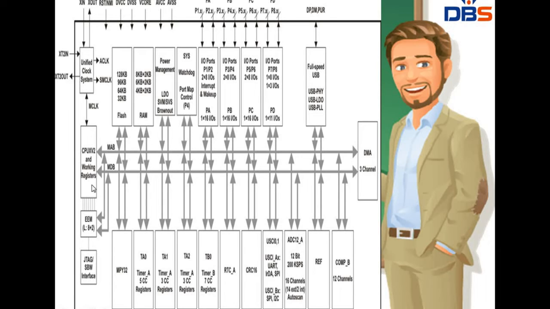Coming to the next one, this is the CPU, with the CPUX and working registers. And coming to the next one, the embedded emulation module. Here EEM is nothing but the embedded emulation module, and this is accessed and controlled by JTAG or SBW. JTAG stands for Joint Test Action Group.